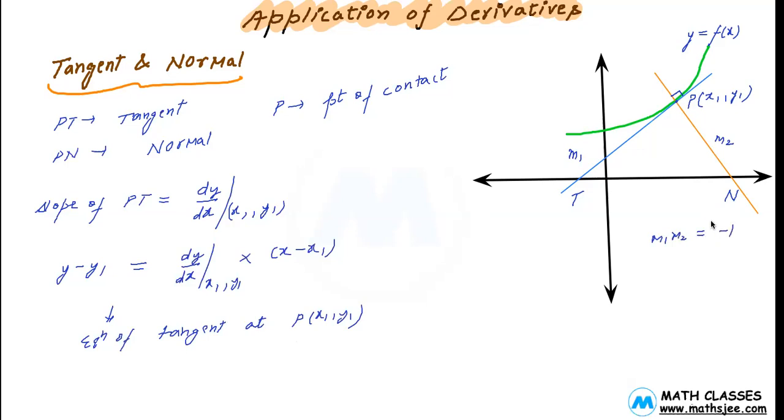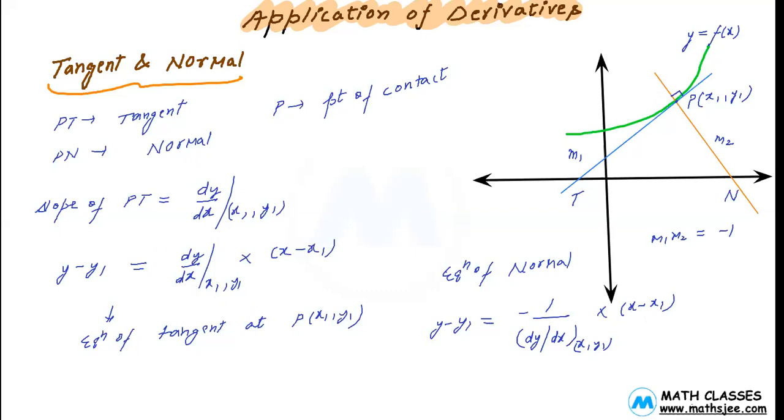So the equation of normal at the point P will be y minus y1 equals -1 by dy/dx, at the point (x1, y1), times x minus x1, because the point P is common to both of them, just the slope is different.